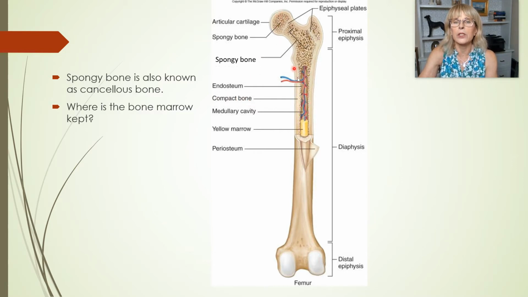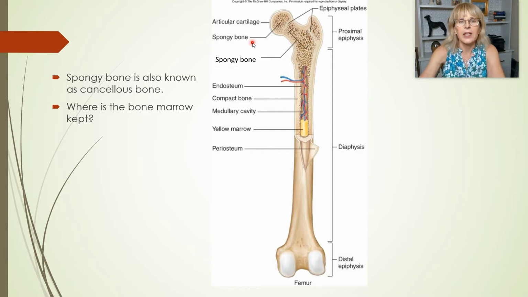The rest of the bone is either a space, we'll get to that in a second, or it is spongy bone. Spongy bone has got other names like trabecular bone and cancellous bone. Let's just call it spongy bone. I want to emphasize this to you. All of the bone that has the appearance of a sponge, all of it is called spongy bone.